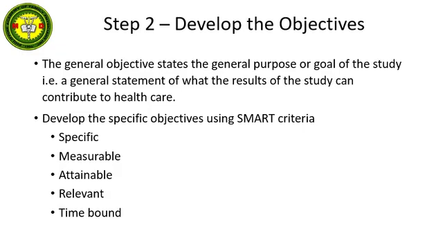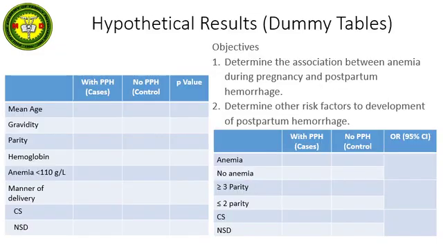Going back to that example, the objective of the study would be something like this: determine the association between anemia during pregnancy and postpartum hemorrhage. Second, aside from anemia, determine other risk factors for the development of postpartum hemorrhage that might also affect the association of anemia and postpartum hemorrhage.